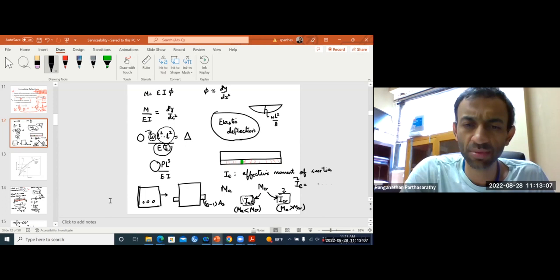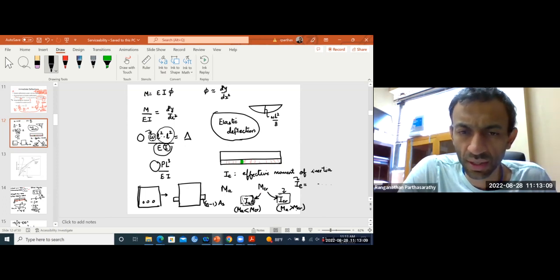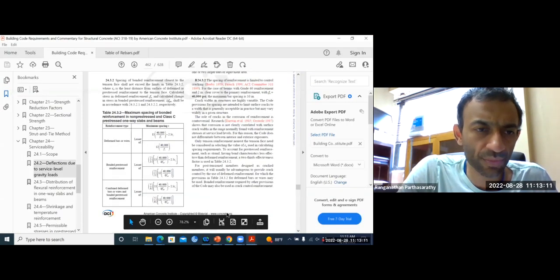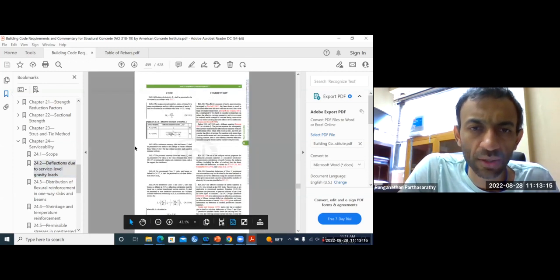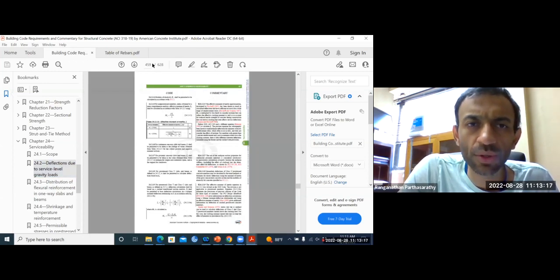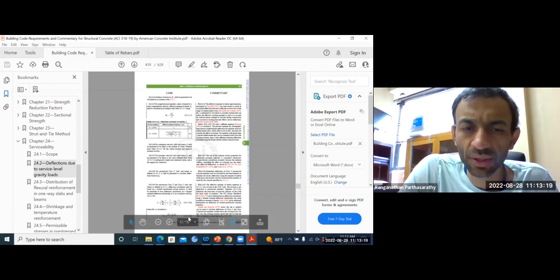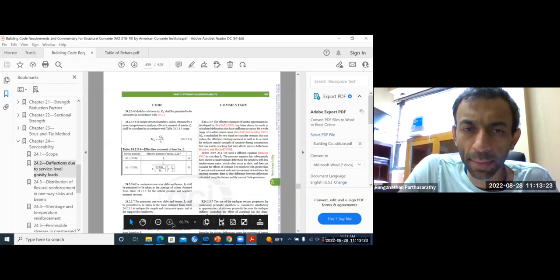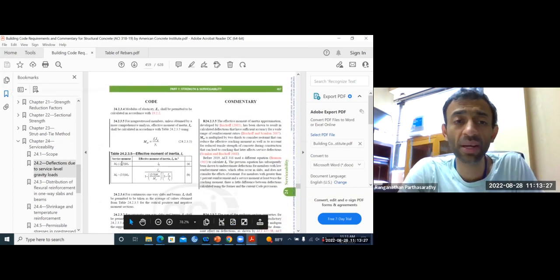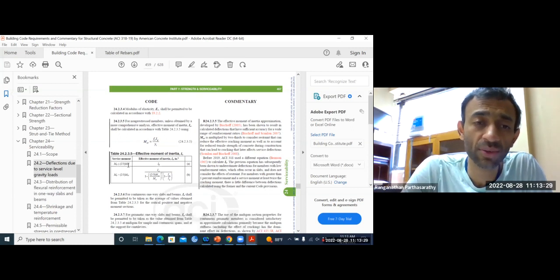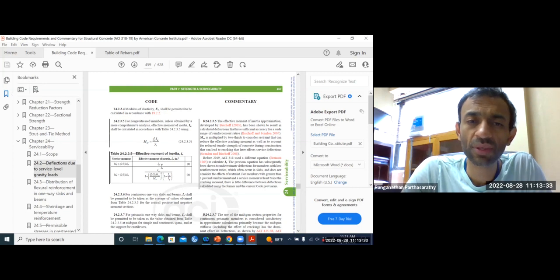The exact interpolation is from the code. Let's go there. So again, please note here, if your service moment, applied moment, is less than or equal to 2/3 of cracking moment, then you can use the, okay, there is another thing here.